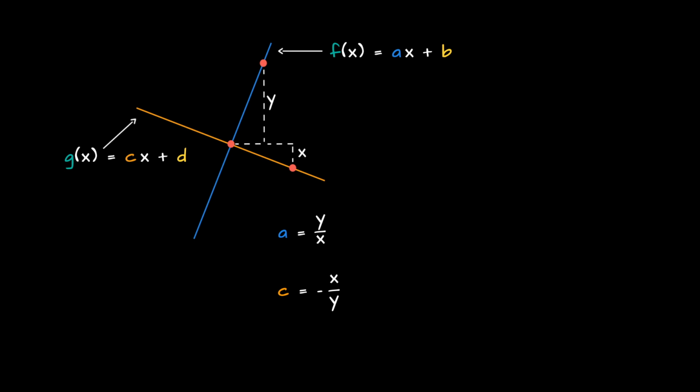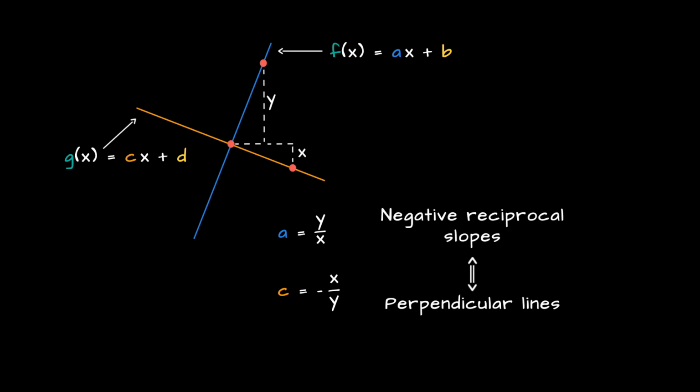And it therefore follows that the slope of g must be the negative reciprocal of the slope of f. So, if the slopes of 2 linear functions are negative reciprocals of one another, then it must mean that the graphs of those functions are perpendicular.